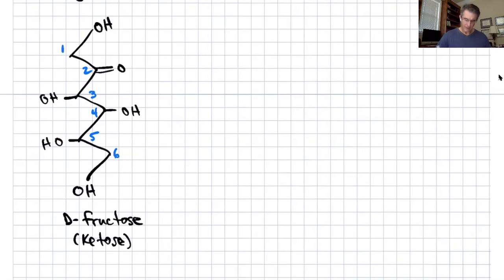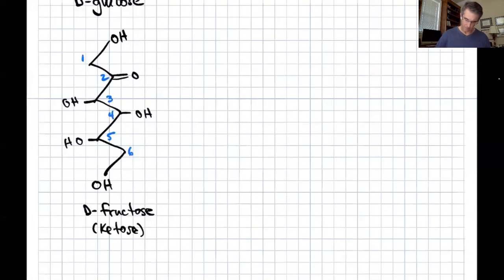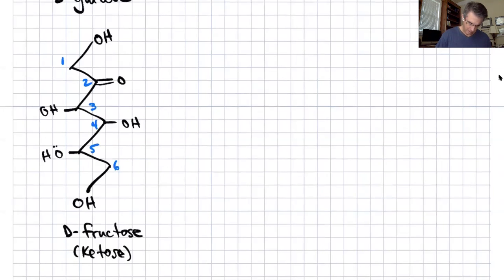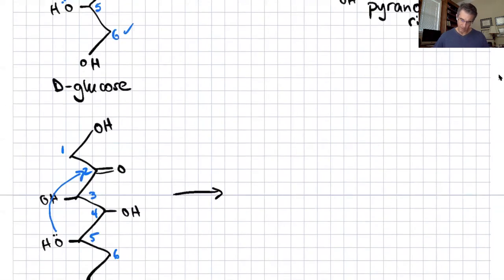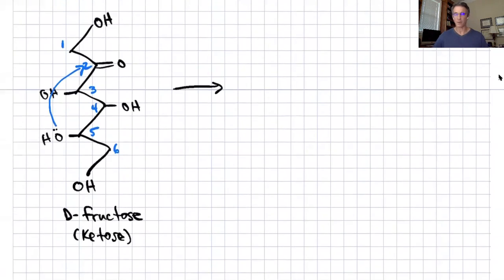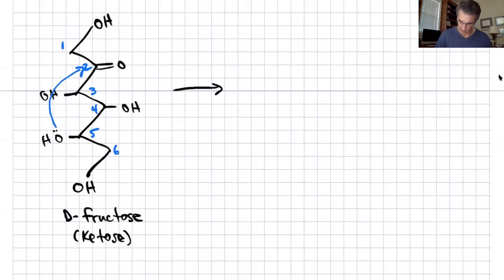But remember, that carbonyl group is still available. A 5-membered ring is a pretty stable arrangement if you remember some of your basic organic chemistry. So this alcohol group can attack that carbonyl to form another closed ring structure of the ketose that, instead of being a 6-membered ring, is a 5-membered ring. And it looks something like this.